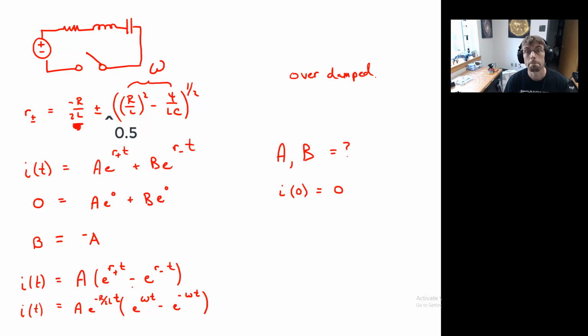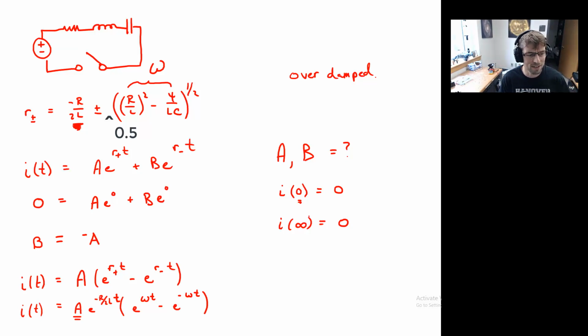Well, let's see if we can find another expression. We need another boundary condition to give us the value of A. Usually, good places to look for boundary conditions are at time equals 0 and sometimes at time equals infinity. At time equals infinity, our capacitor should be fully charged, and so the current should drop to 0 again.